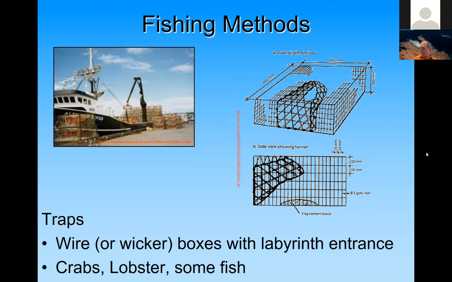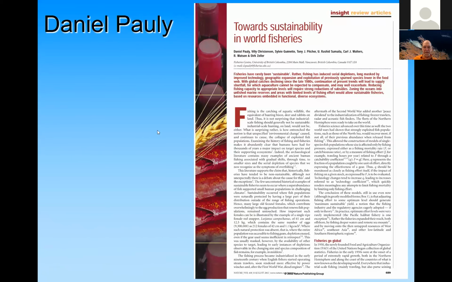And let me just take another minute, because this is in the quiz. This is a guy named Daniel Pauly, who looked at methods for estimating fish population sizes and the success of fisheries. One of the problems in estimating whether or not fishing is happening on a sustainable basis is getting reliable fish catch information, fish statistics.